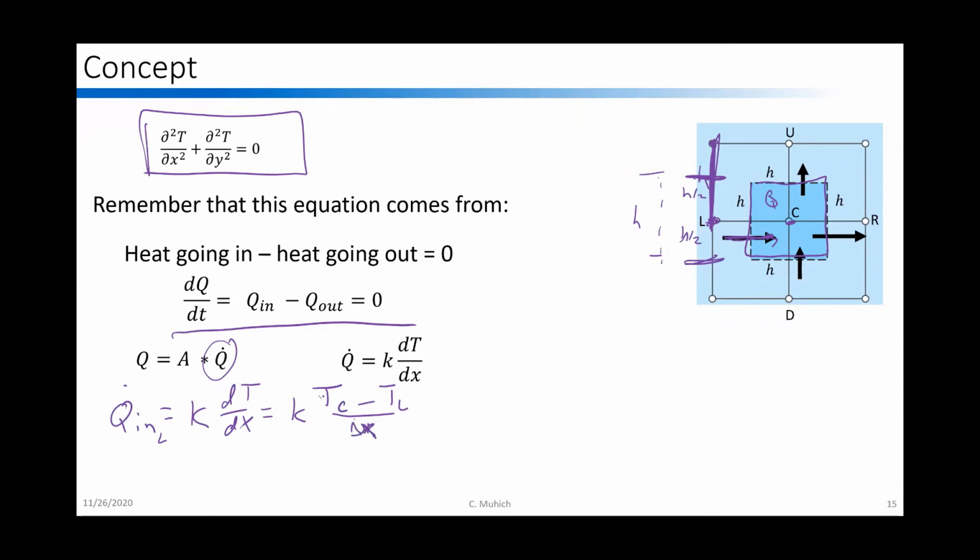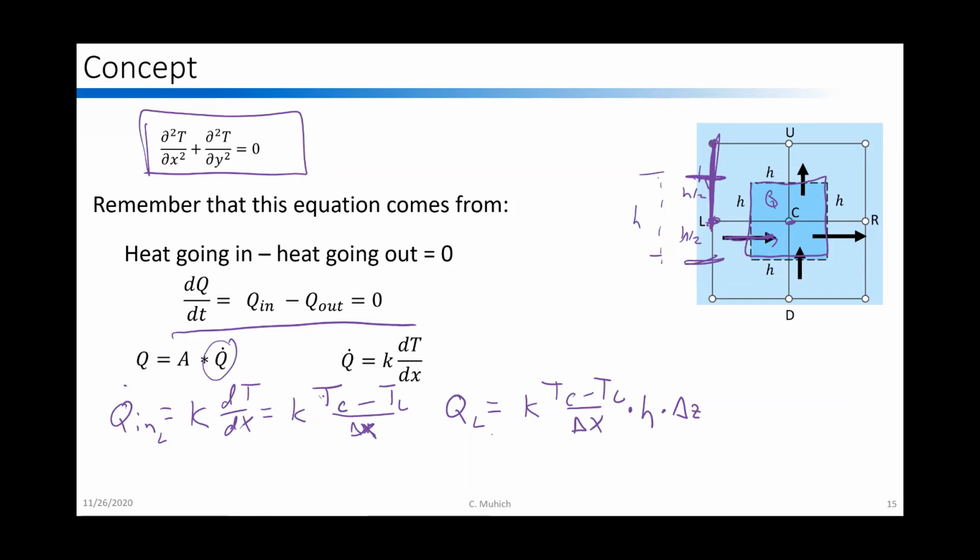Okay, so now I can calculate the total Q from the left. So that's the flux, which is K times (Tc minus TL) over delta X, times the area that it's moving through. So that's the height times the width. So maybe we'll put in delta z, whatever that width is into and out of the board.